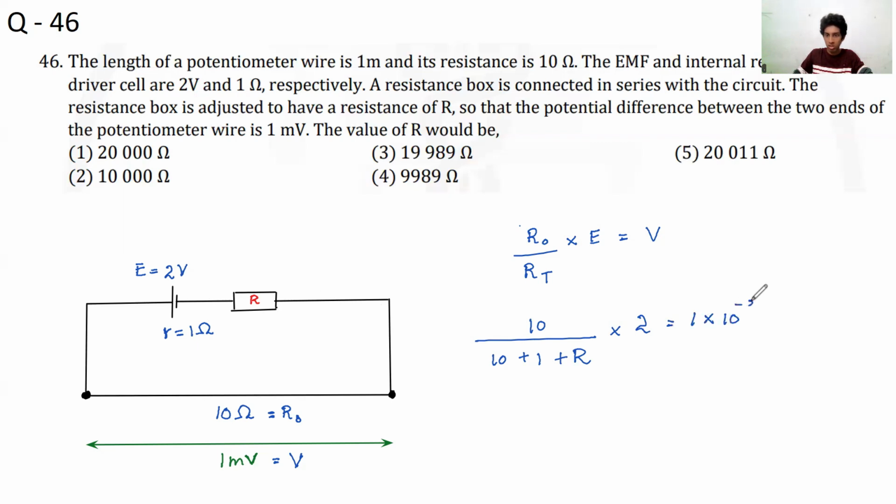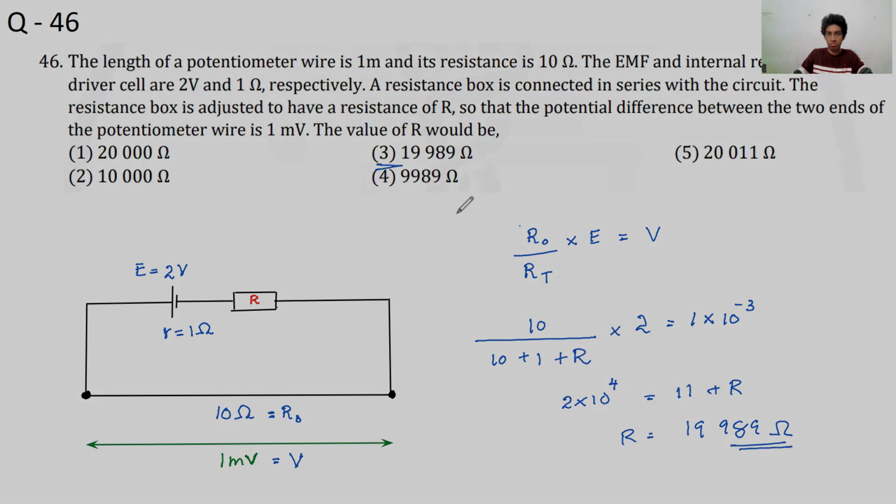That means 1 into 10 to the power minus 3 volts. So when we simplify this side, it's 2 into 10 to the power 4, that is equal to 11 plus R. So R is equal to 20,000 minus 11, that will be 19,989 ohms. So therefore, the correct answer is the third one.